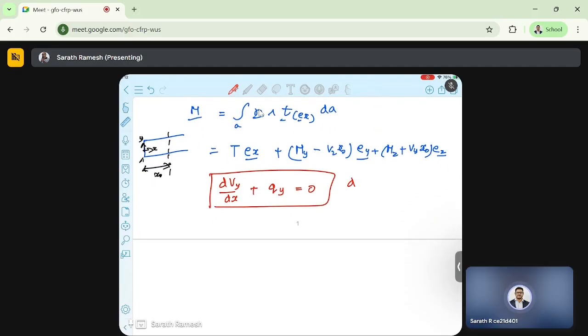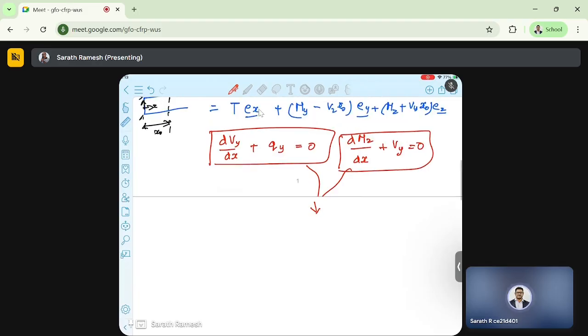Also, dMz by dx, the bending moment about the z axis, plus Vy is equal to 0. These two are the equilibrium equations. We can combine these two to get a third equation: d square Mz by dx square equals qy.